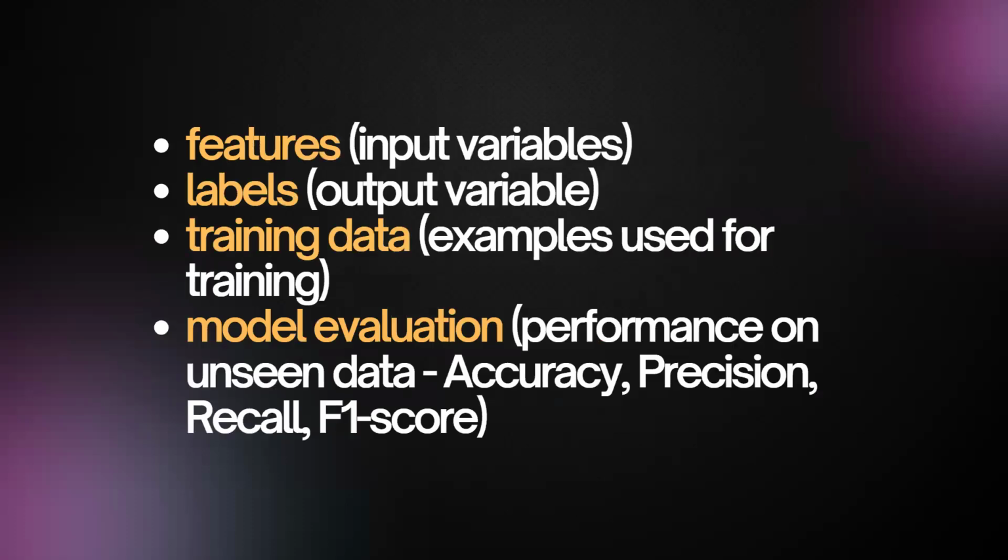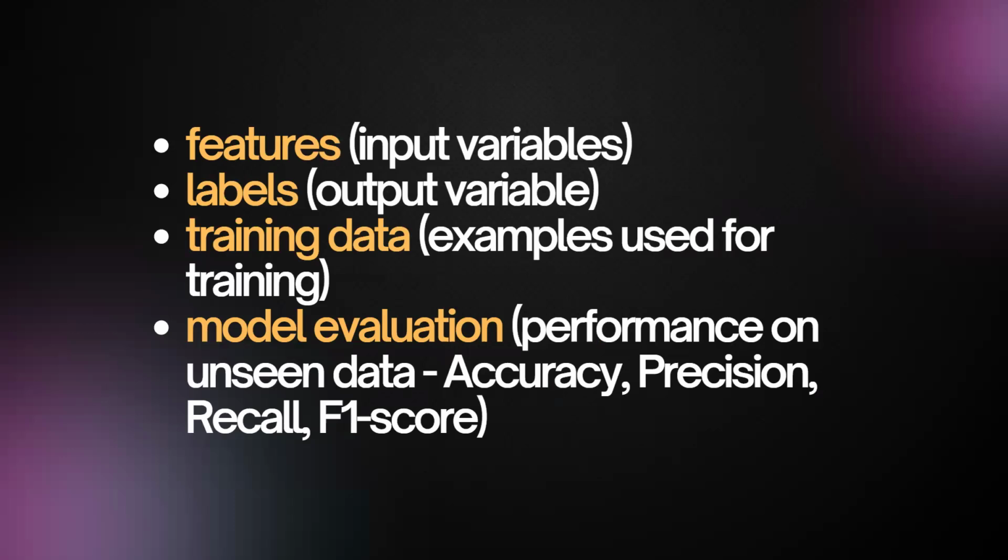Before we start, I want you to know all these words in the yellow fonts. Features. What are features? Features basically mean input variables. When we are talking about an equation, x is the feature, or x1, x2, x3 to xn are the features. Labels are the output variable. So when we're predicting a binary output, whether it's going to be 0 or 1, yes or no, y is going to be the output variable.